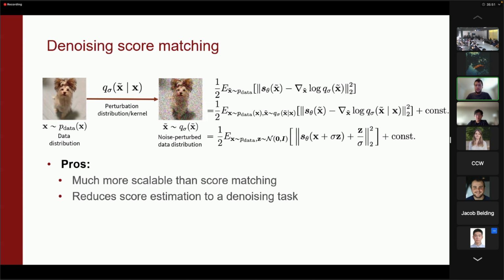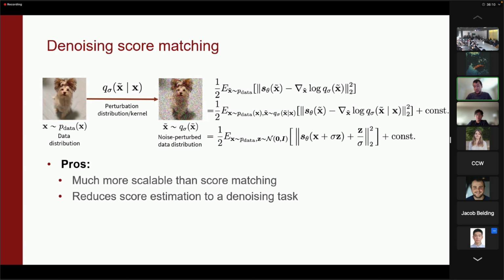You can equivalently train a neural network to take a noisy image and try to predict what was the clean image corresponding to that noisy image.